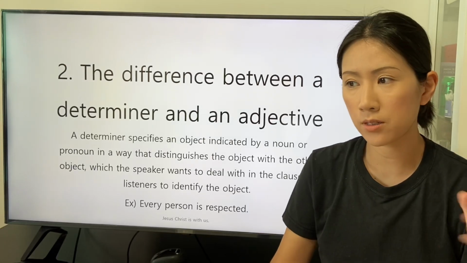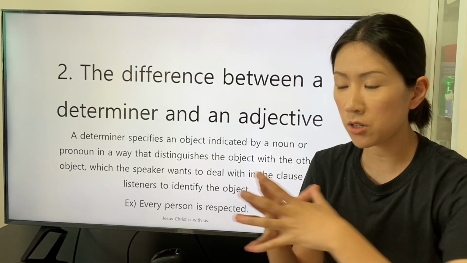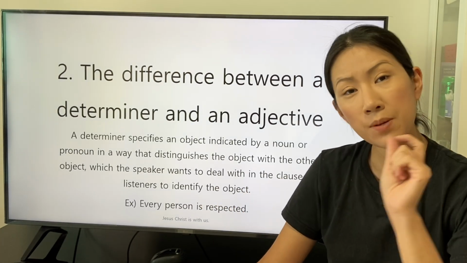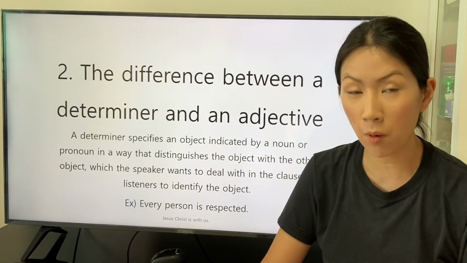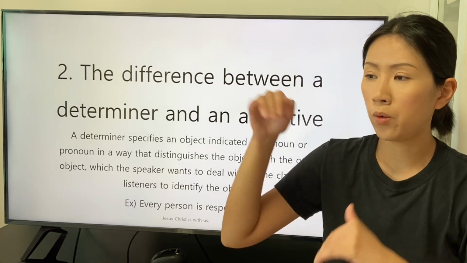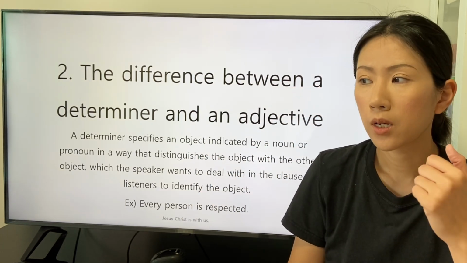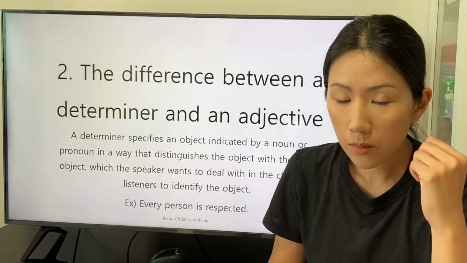We can understand that the descriptive role of a determiner and an adjective is very similar, and we will study the difference between a determiner and an adjective in terms of description, according to the definition of each descriptive word.